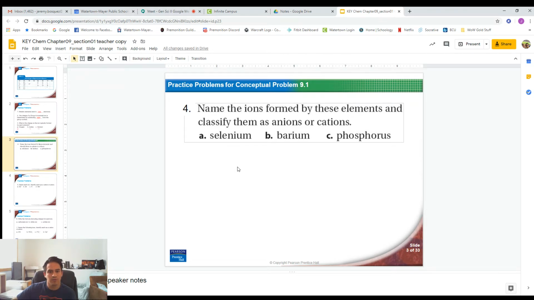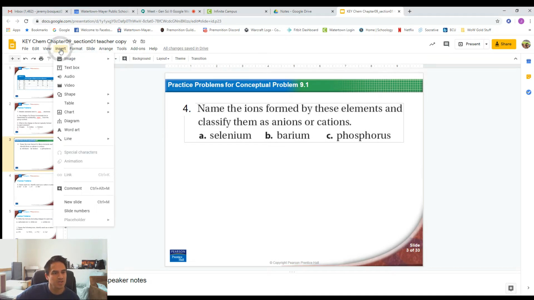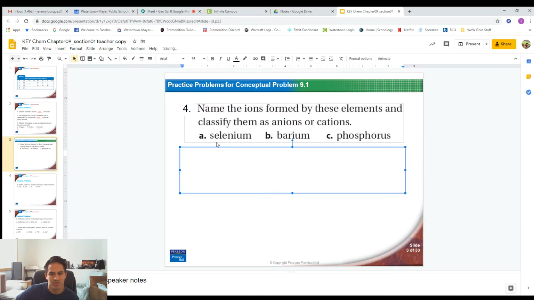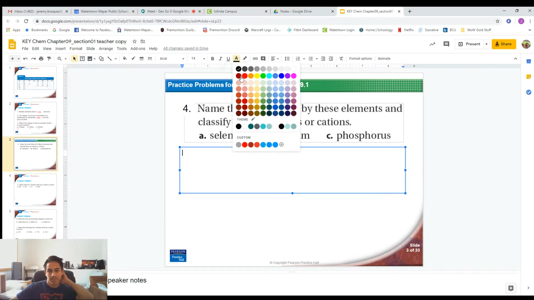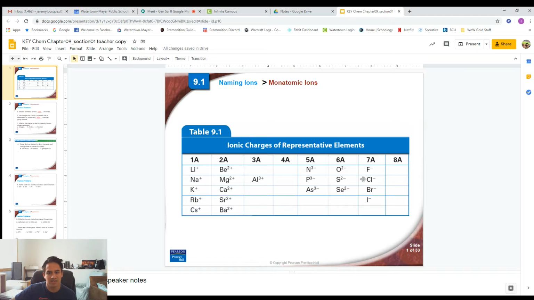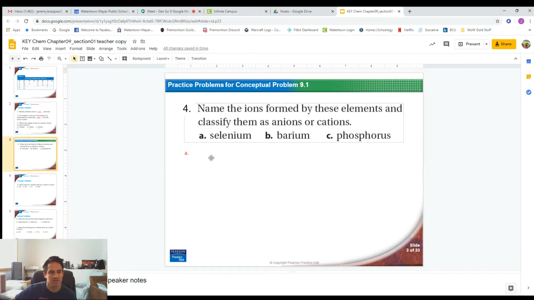Okay. Number 4, it says name the ions formed by these elements and classify them as anions or cations. All right. So I think we're going to need to insert a text box here so that we can actually type. So I'm just going to insert a text box. Okay. So for A, selenium, selenium is going to be in column 6. Again, it's on this chart. It makes a charge of 2- when it becomes an ion.